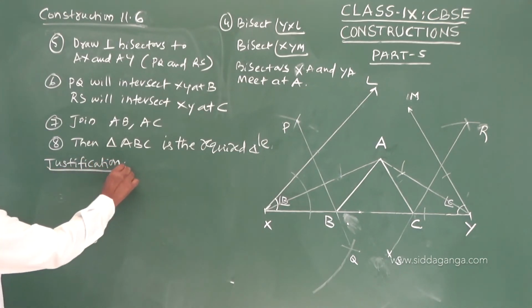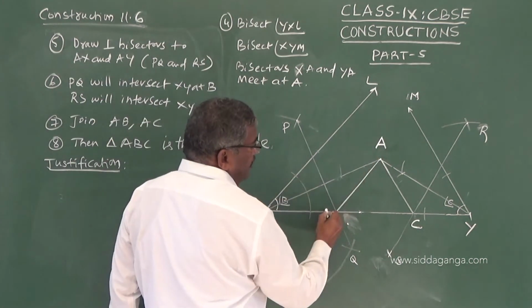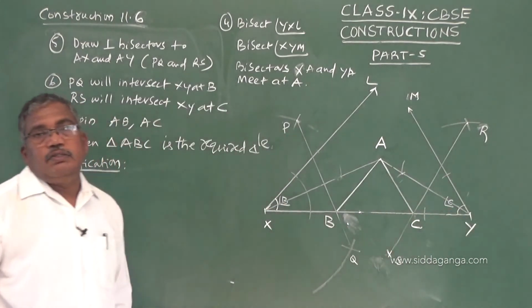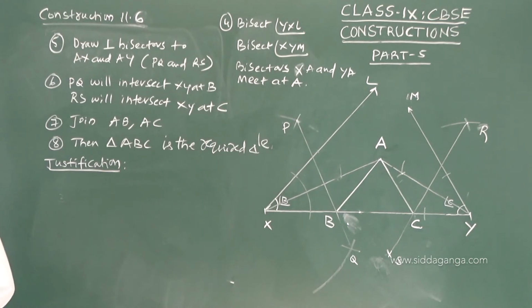The only thing we have to prove is, we have constructed ABC, we should show that AB plus BC plus AC is equal to XY. So the length we have taken is correct.